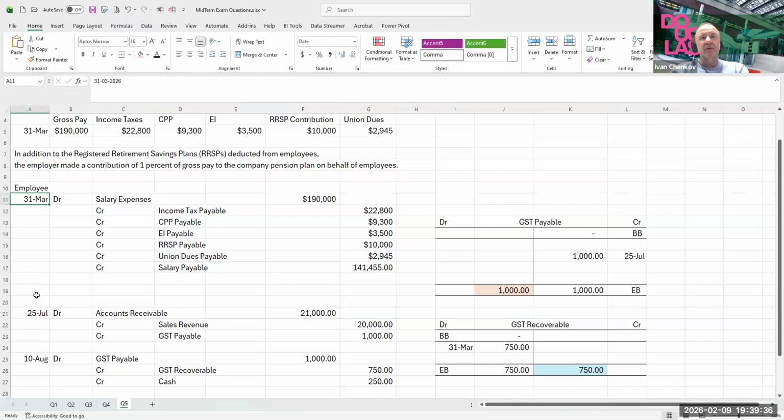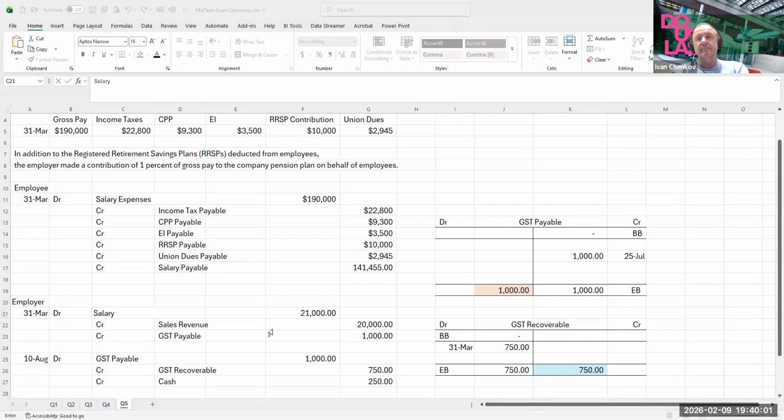Let's see what's going to happen with the employer. Now the employer is going to start with salary benefits or employee benefits. Let me see what's the exact amount here. Employee benefits, and that will be expenses for the company.